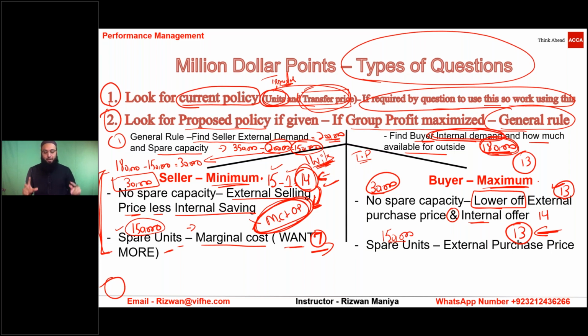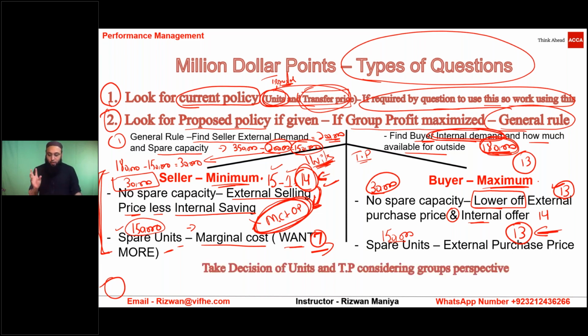Now, once you have understood this game, you are in a position to take a decision on the units that will be transferred and the price from the group perspective.